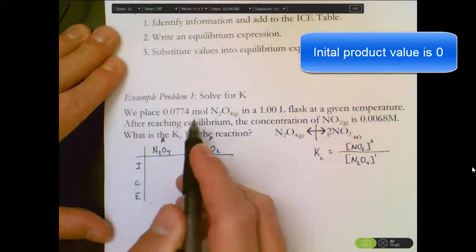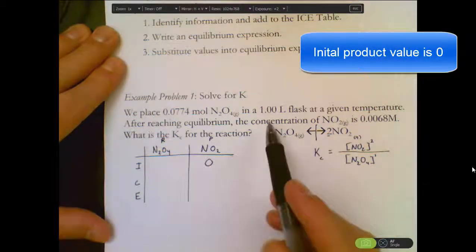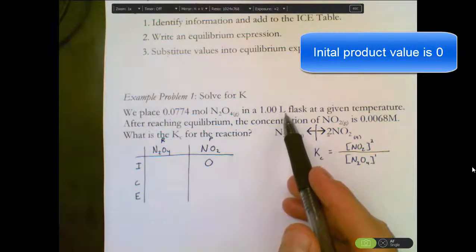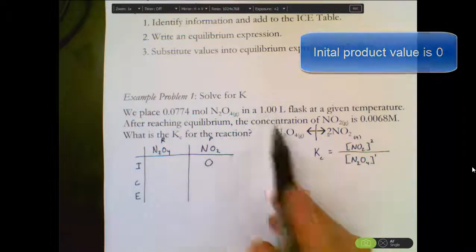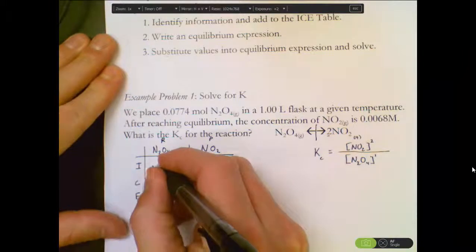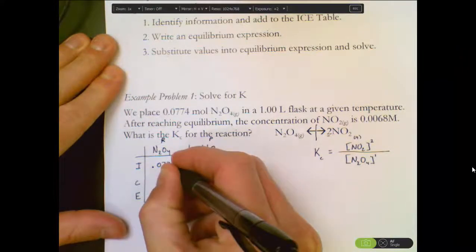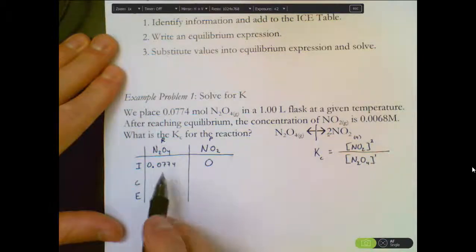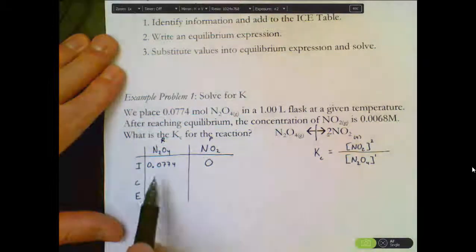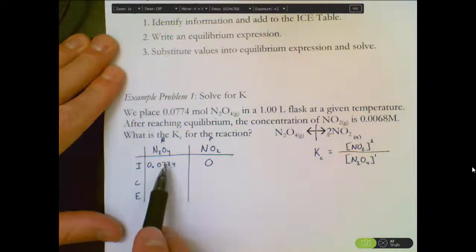If we place the 0.0774 moles in a 1 liter flask, that's telling us that we have 0.0774 divided by 1, so that's going to be the molarity of our chemical. That's our initial value. Now, if we start out with this much, there's no way we can finish with this much when we've reached equilibrium.